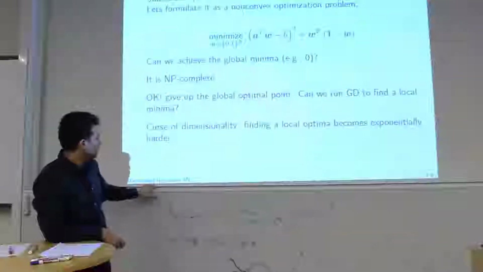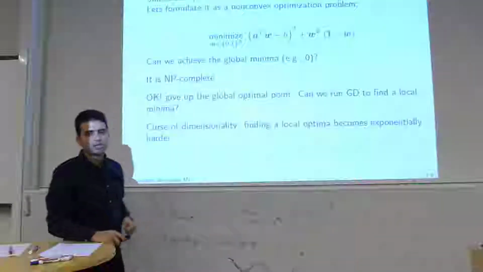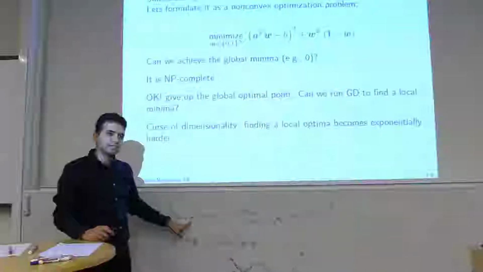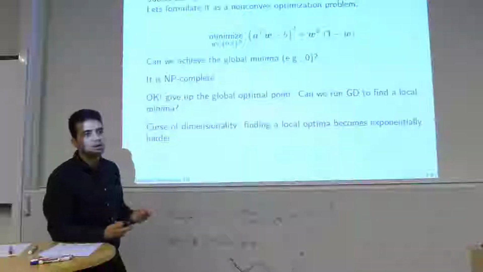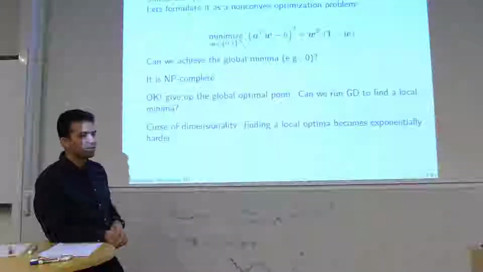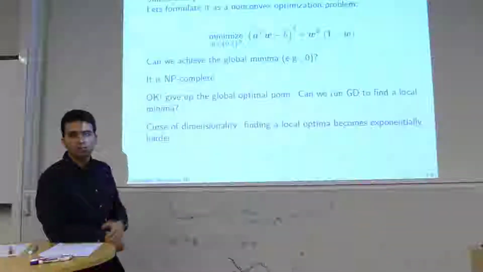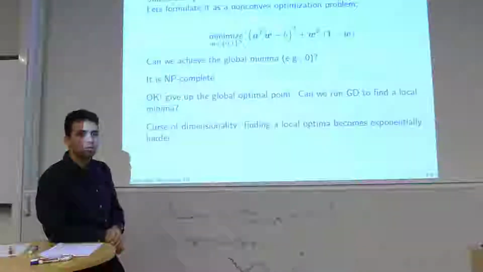You know that there is a well-known phenomenon called the curse of dimensionality. In the main version, it says that the number of these saddle points will be exponentially more than the number of local minima. So if you just randomly initialize from some points, then the chance of getting stuck in some saddle points would be overwhelmingly more than the chance of getting stuck in some local minima.